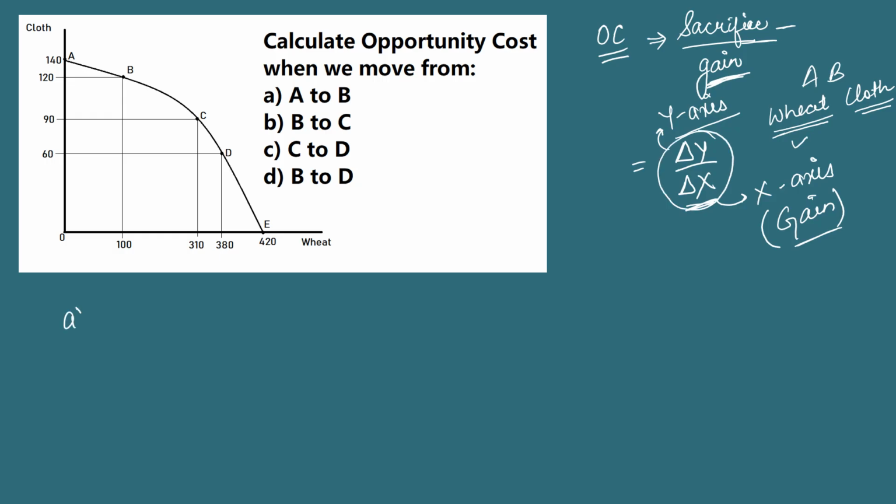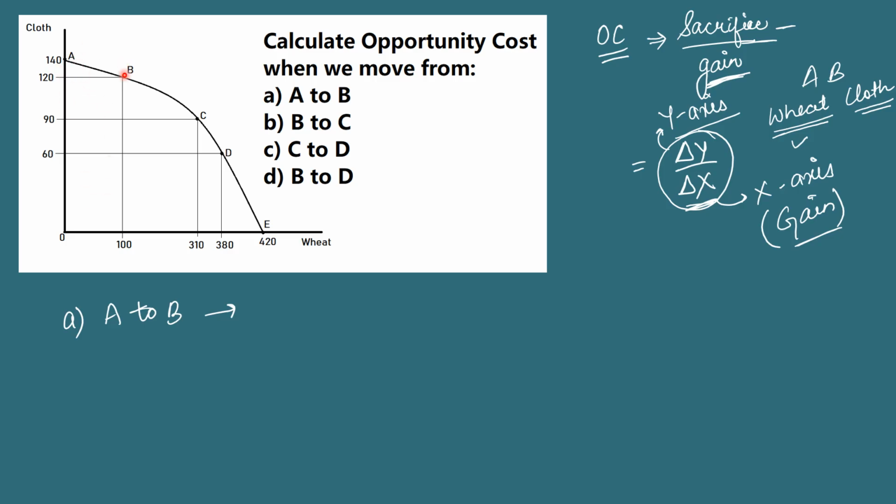Firstly, let's say we are taking point A to B. Now when we see in this diagram A and B, at point A, quantity of wheat is 0 and the quantity of cloth consumption or production, you can say, is 140.